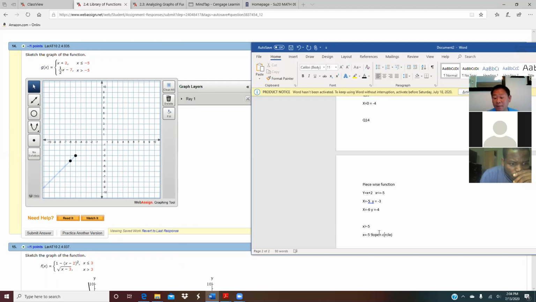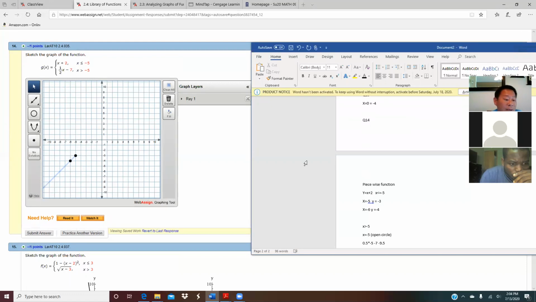You have to use -5. So plug -5 into this equation. You will get -0.5 times -5 minus 7. So 0.5 times -5 is -2.5, so this is -9.5.